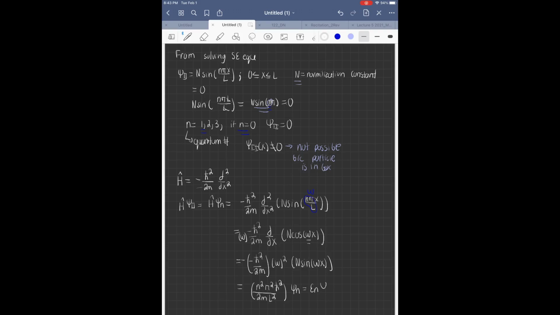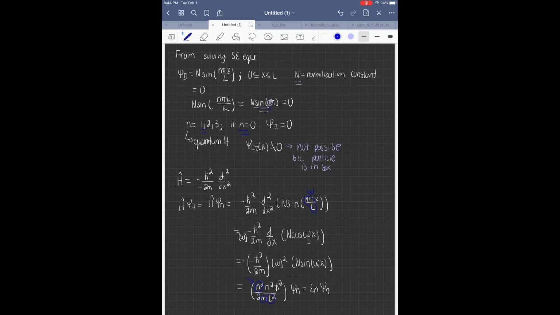So to get the energy, we would need to know the quantum number, n, for the system. We would also need to know the length of the box and the mass. If we're comparing two systems that have the same length and the same mass of the particle, the only thing that determines the energy of the system is n.